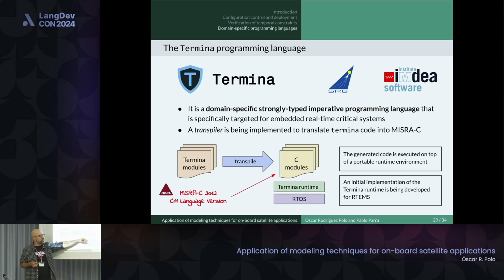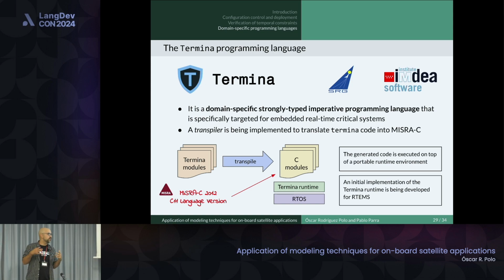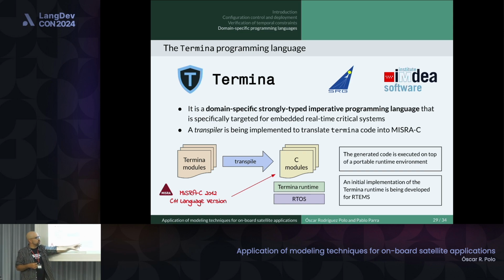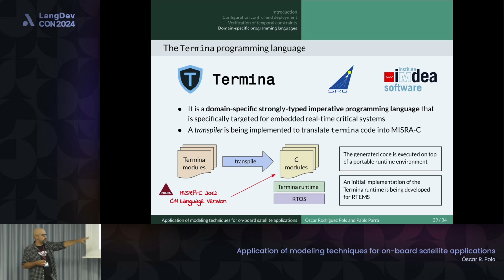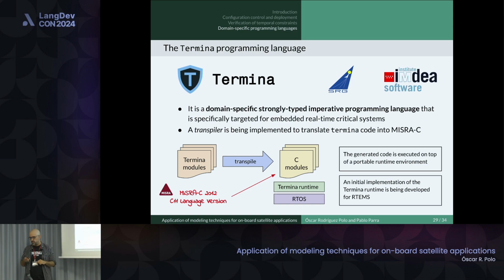This generated code is executed on top of a runtime environment that acts as an abstraction layer for the underlying real-time operating system. So this will allow us to use a single transpiler to generate the code, and then the code can be used on top of different operating systems by only implementing this layer. We have currently implemented the layer for RTEMS.